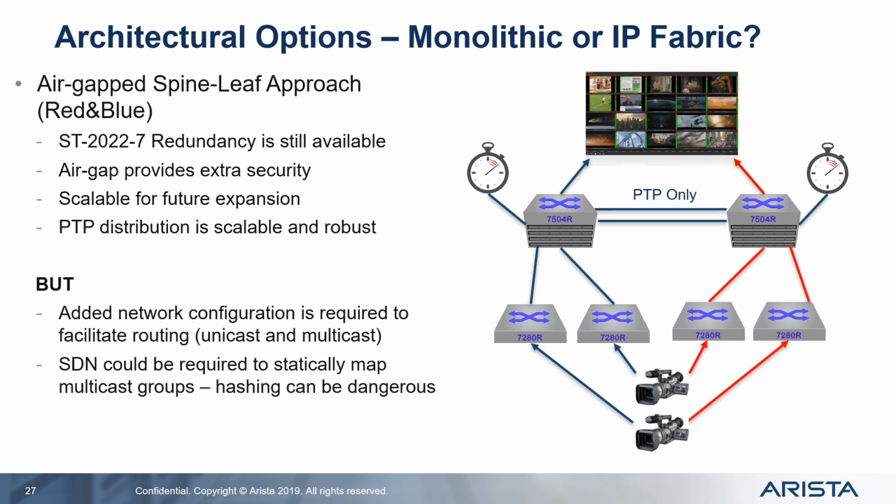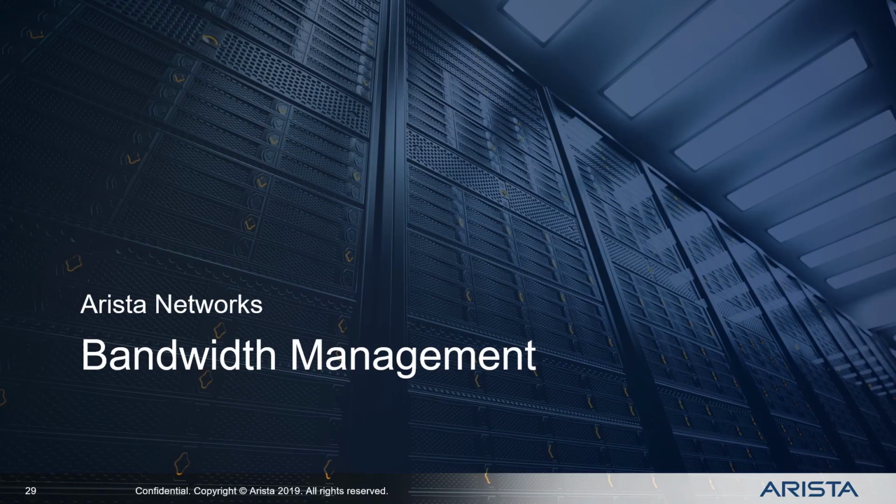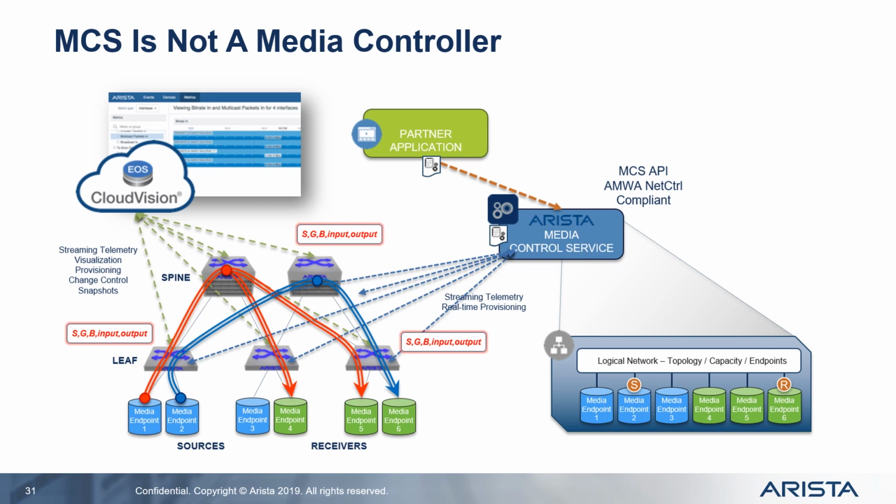So now let's talk about bandwidth management. This really comes into play when we're dealing with the IP fabric, so the core and then the various leaf switches that are hanging off of that core with multiple links between them. The routing protocols like IGMP and PIM are not bandwidth aware.